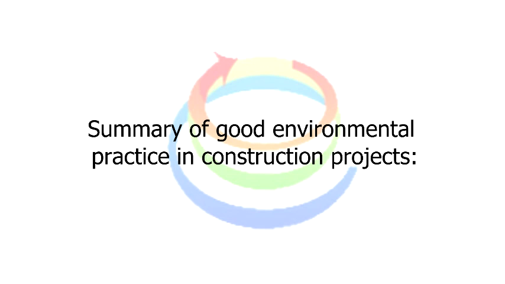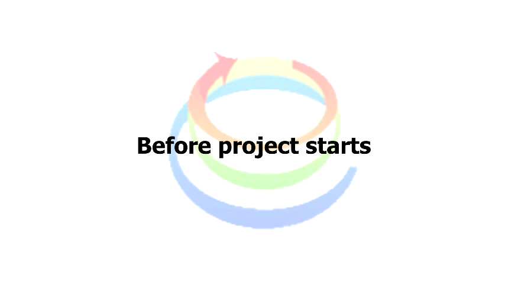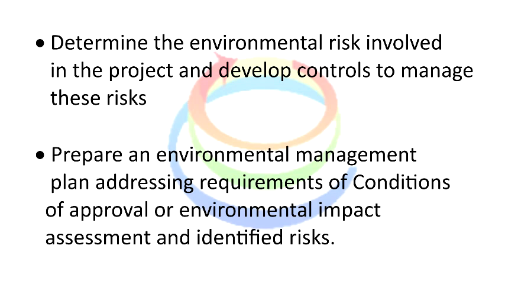The following is a summary of good environmental practice in construction projects. Before the project starts, determine the environmental risk involved in the project and develop controls to manage this risk. Prepare an environmental management plan addressing requirements of conditions of approval or environmental impact assessment and identified risks.